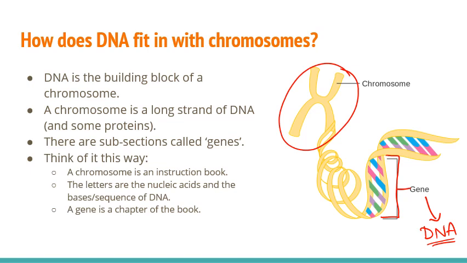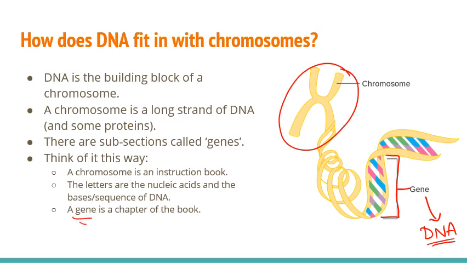You could think about it this way. The whole chromosome is the instruction manual. And in humans, there's a lot of instruction manuals. We've got a lot of chromosomes. But just think about one chromosome being one instruction book. The letters within the book are your nucleic acids. It's that sequence of bases, A, T, T, G, C, G, whatever.